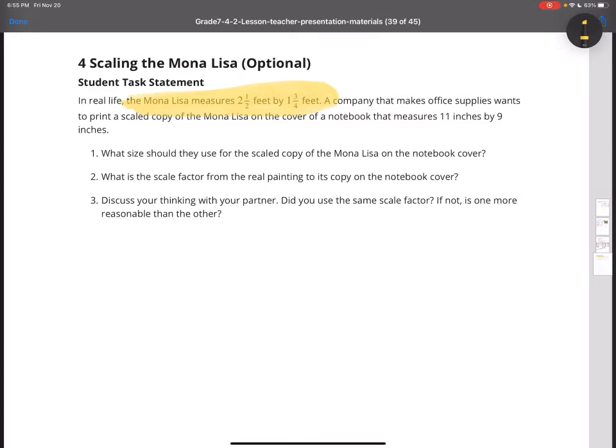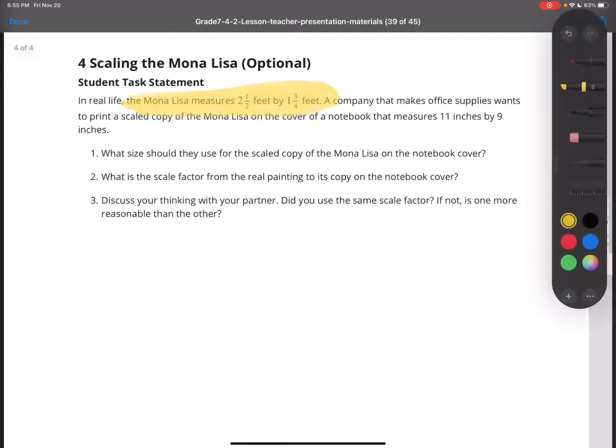I first need to look at, are they even in the same unit? Is feet and inches the same? If you say absolutely not, then you are 100% correct. So what we need to do is convert those feet into inches.